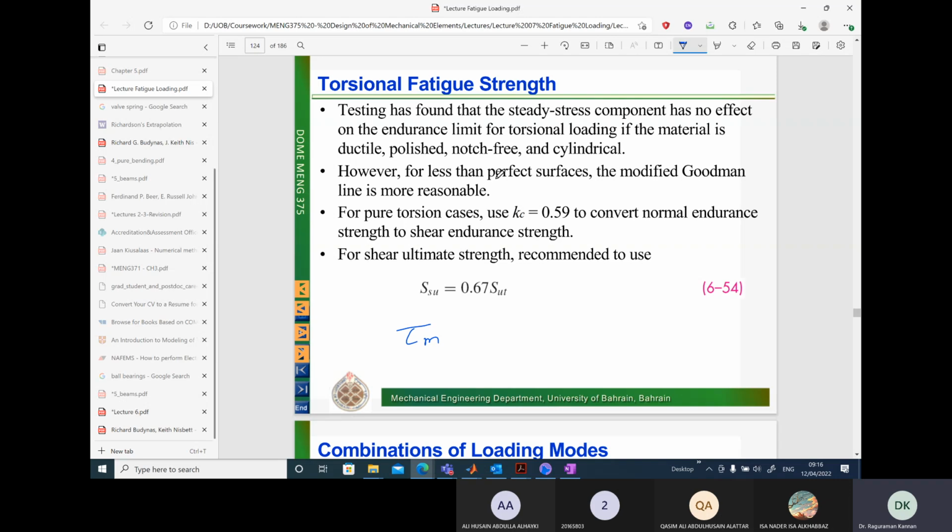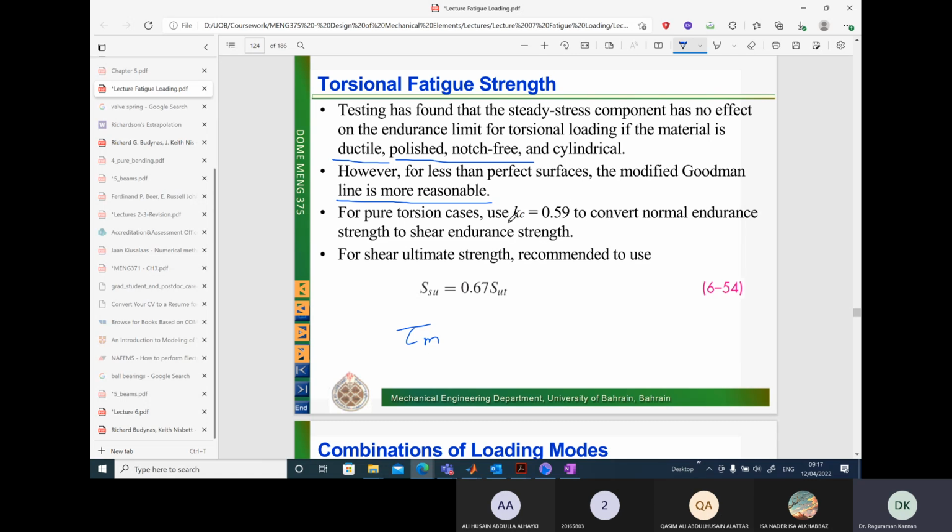Okay. However, for less than perfect surfaces, so this is true for ductile material, well polished, notch-free cylindrical surfaces. So, however, for less than perfect surfaces, the modified Goodman line is more reasonable. So we can use the modified Goodman equation for other cases.